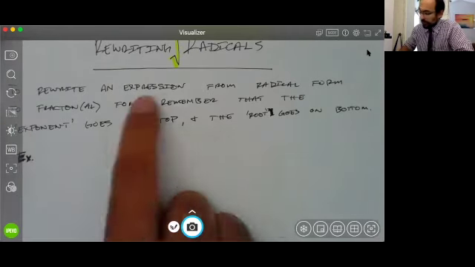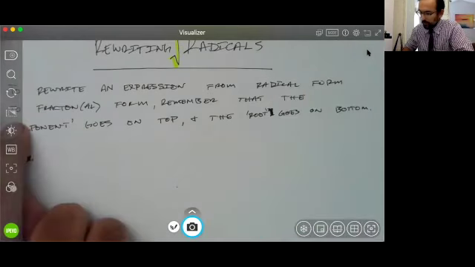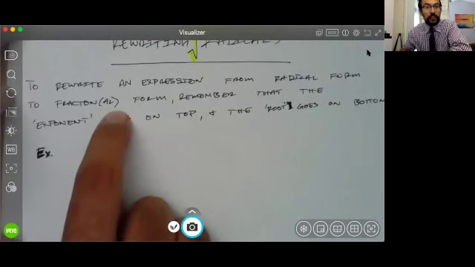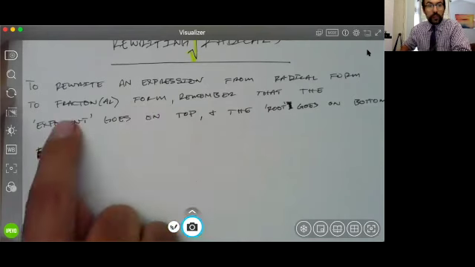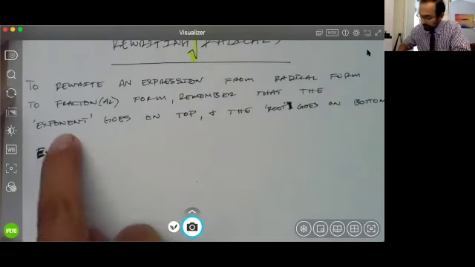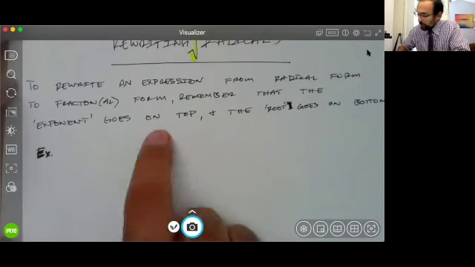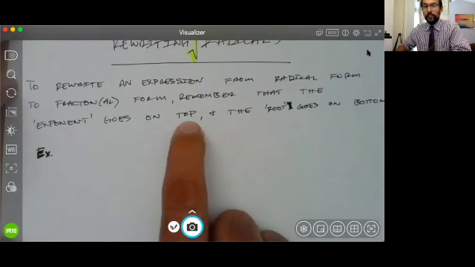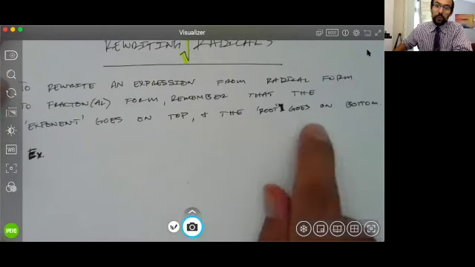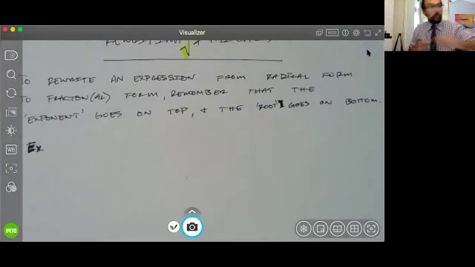So to rewrite an expression from radical form to fractional form, you're going to remember that the exponent, which is the number that's inside of the radical, goes on the top of your new fraction, and the root, which is the number that's outside of your radical, goes on the bottom. So keep that in mind.